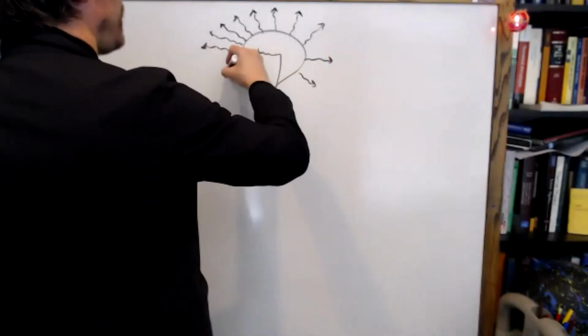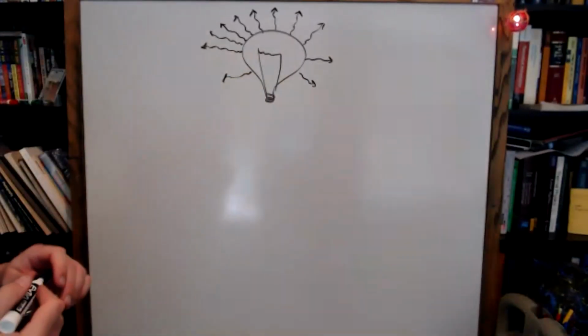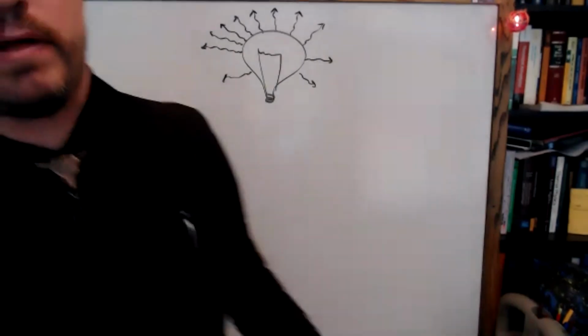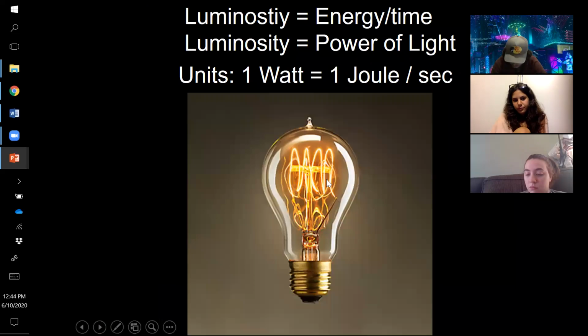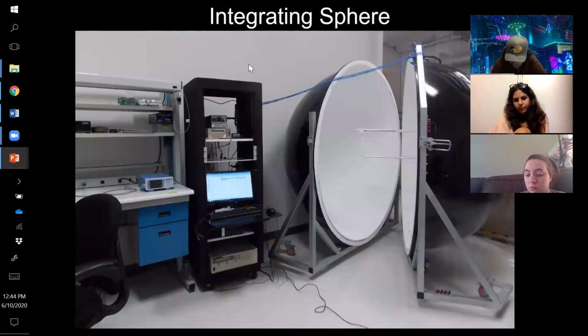Suppose you wanted to measure the energy of all of the photons coming out of this light bulb. There are actually tools that allow you to do this. Let me introduce you to one. It's called an integrating sphere.